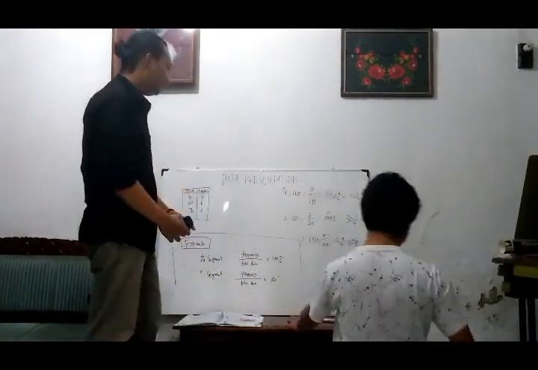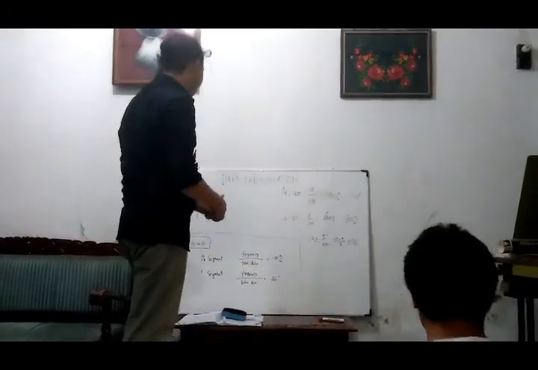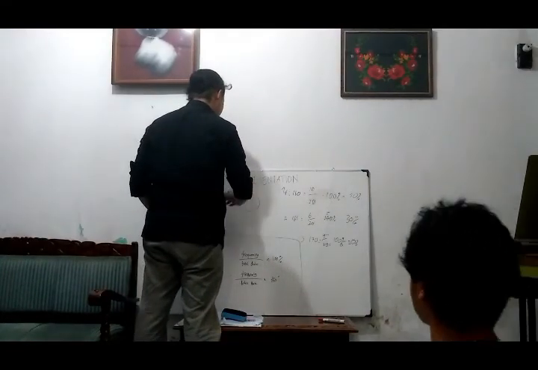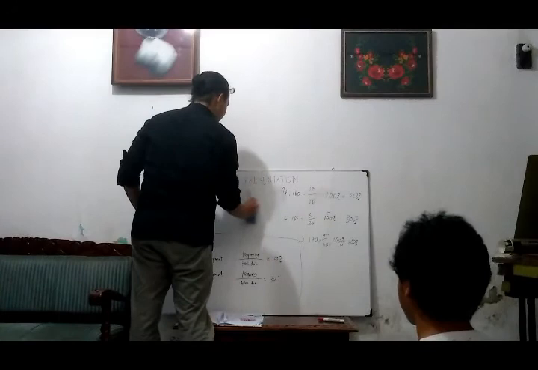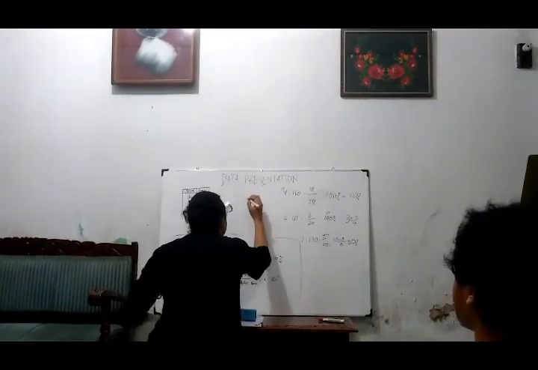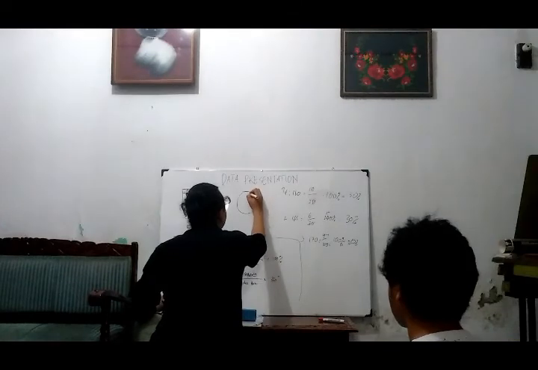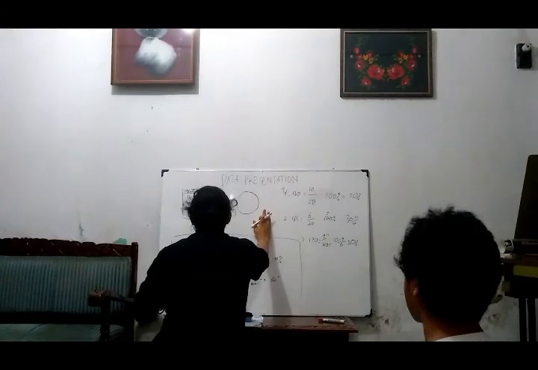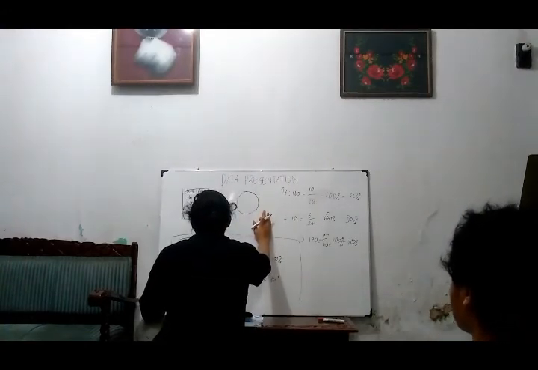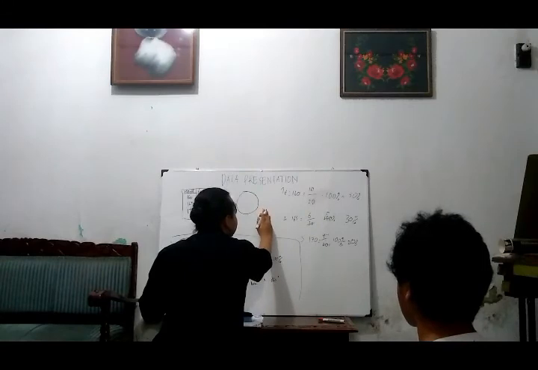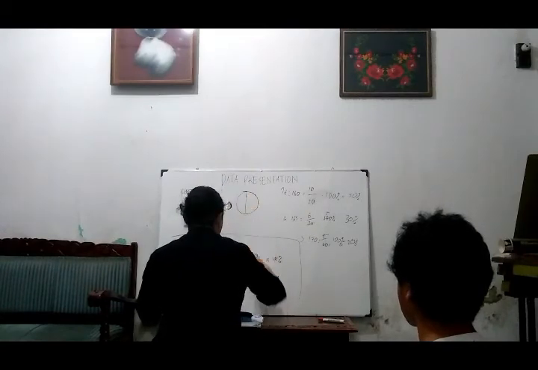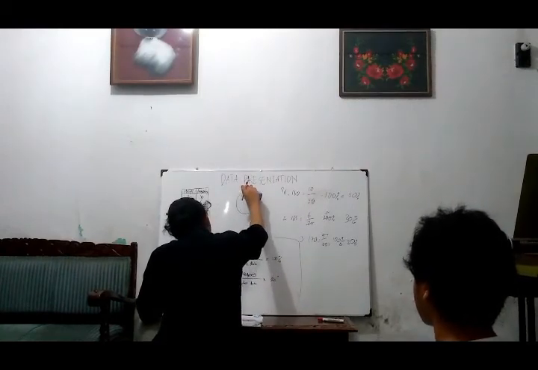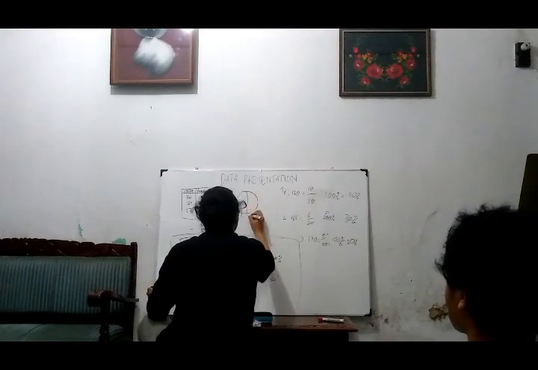Okay, then we try to make the pie chart. So we draw the circle. Then the students who have the height of 160 are 50%, so make it a half of the circle.